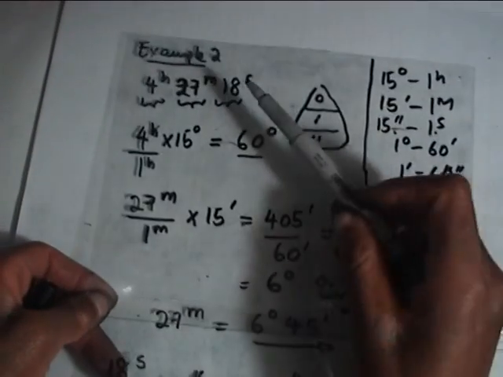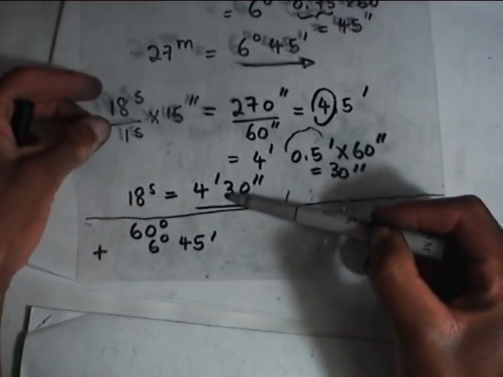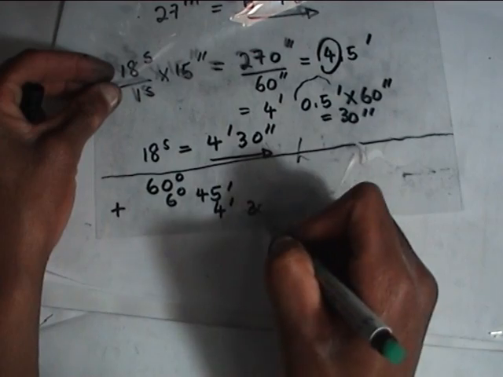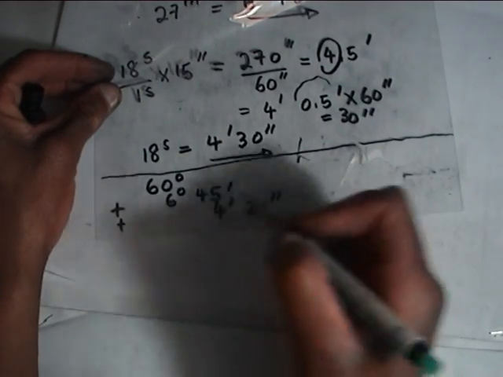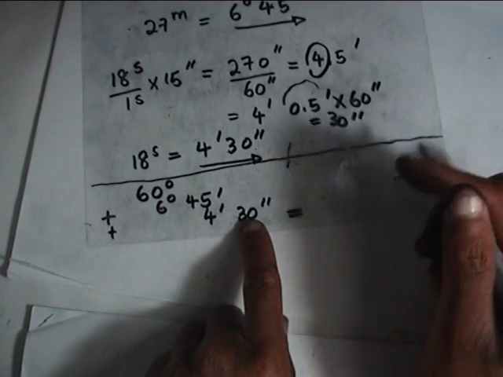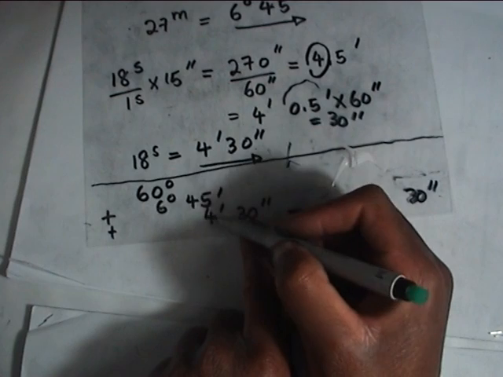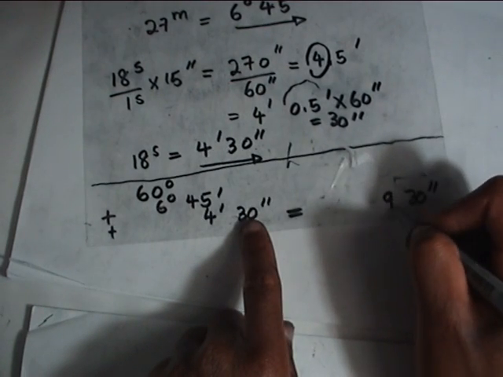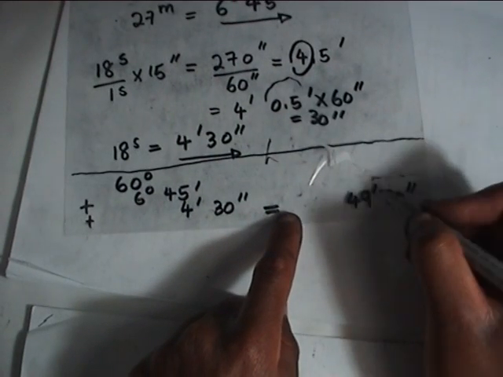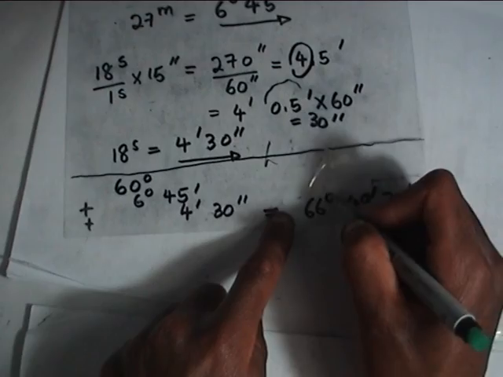When we converted this 18 seconds part, we got 4 minutes and 30 seconds. So we are going to add 4 minutes and 30 seconds. When you do the additions, you're going to see at the end is going to be 30 arc seconds, and 45 plus 4 minutes is going to be 49 arc minutes, and then the 60 plus 6 is going to be 66 degrees.